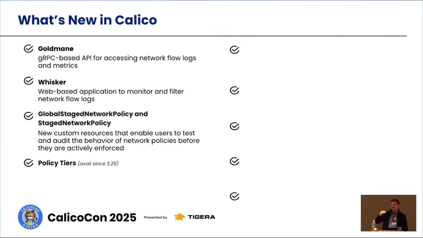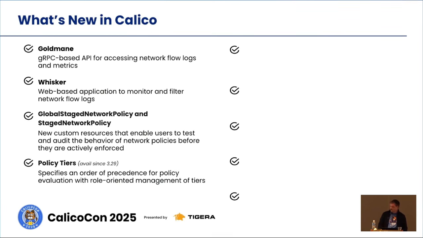By ordering the tiers and giving precedence to them, you can create really complex, really interesting RBAC-backed order precedence for your network policies for different teams in your organizations. I'll show a demo of this as well. And tiers really has allowed Calico to implement cluster network policy very, very quickly, that new policy that's going to be in Kubernetes soon.